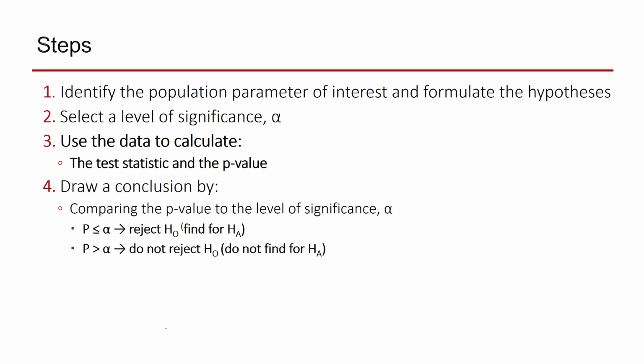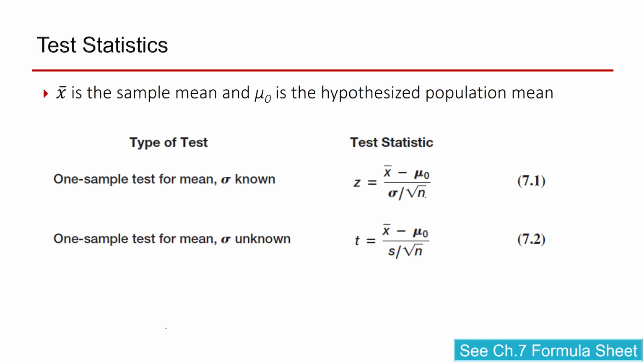All right, so now we're going to use the data to calculate the test statistic and the p-value. For our one sample test for a mean, when you know sigma, we're going to use the standardized version of the sample mean that we talked about in class when we talked about creating a confidence interval for the mean. Except that we're going to point out that the true mean, remember we're assuming that the null hypothesis is true until we find evidence otherwise, right?